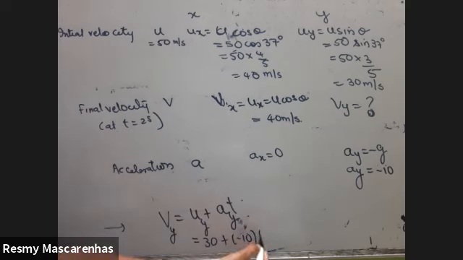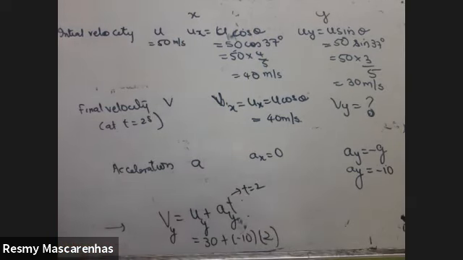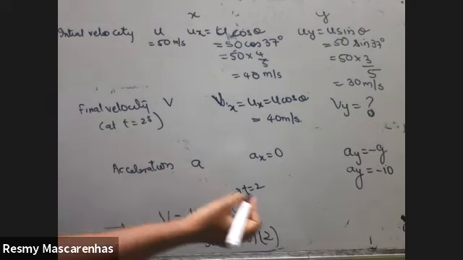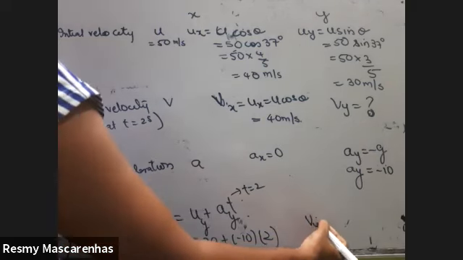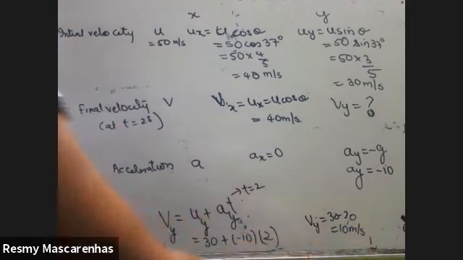Time is 2 seconds, given to you. Now calculate, and that will give you Vy. So that will be 30 minus 20. That is 10 meters per second, your Vy component.